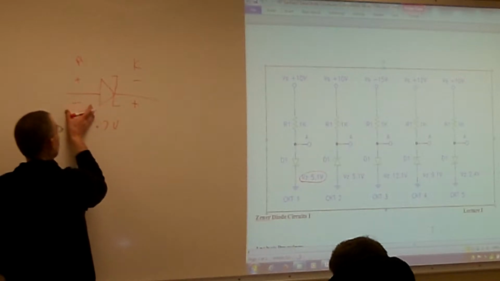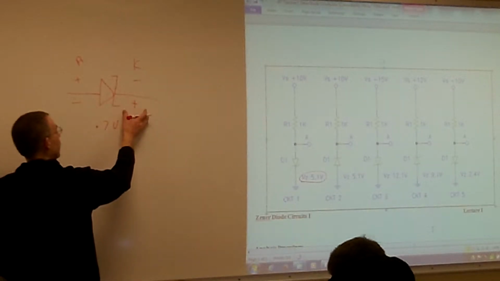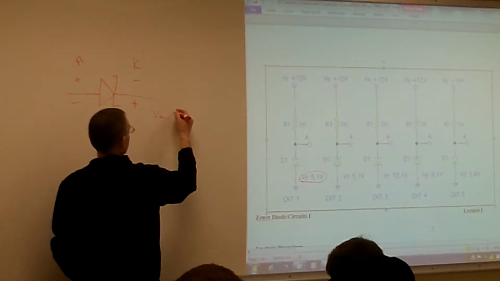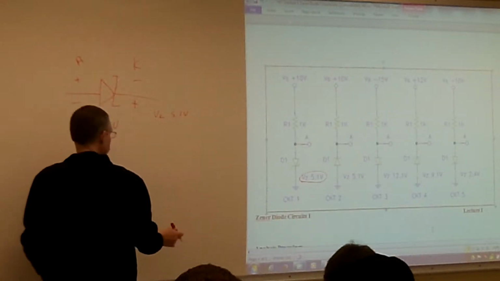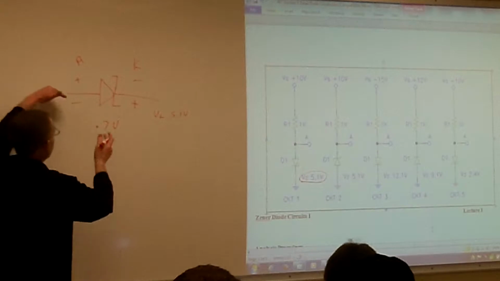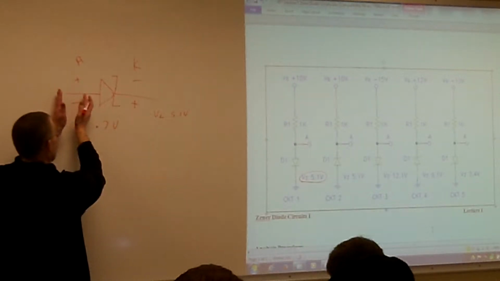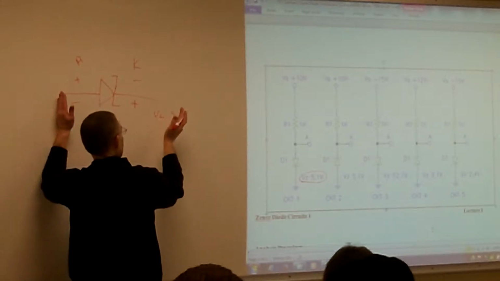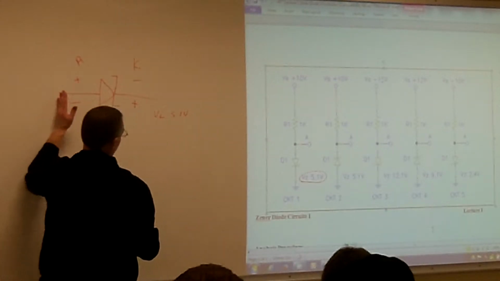So if we're more negative on our anode and more positive on our cathode, and the voltage of this Zener is 5.1 volts, then we have to be more negative on our anode than our cathode by 5.1 volts.